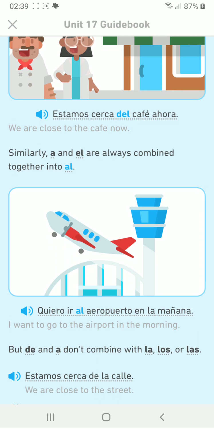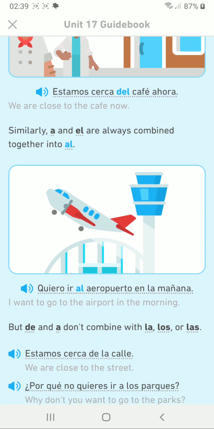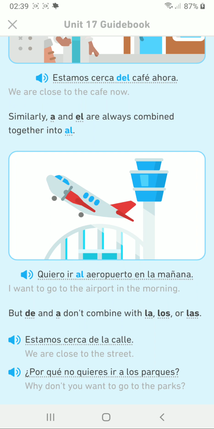Similarly, A and EL are always combined together into al. So an example here, quiero ir al aeropuerto en la mañana. Al aeropuerto. It's not a el aeropuerto, but al.